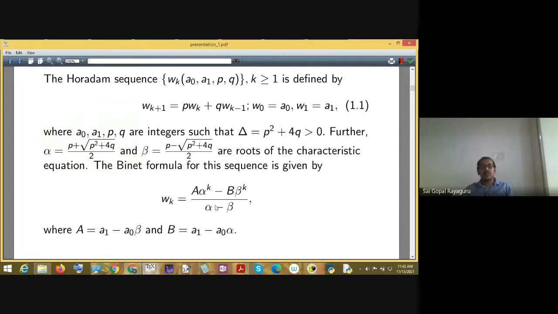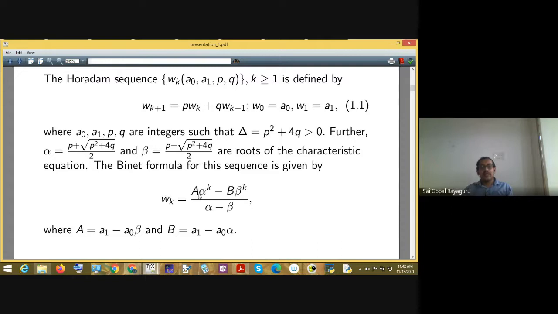So this is the formula: each kth term of this Horadam sequence, W_k, can be obtained by a fraction where the numerator is capital A times alpha raised to the power k minus capital B times beta raised to the power k, and the denominator is alpha minus beta.